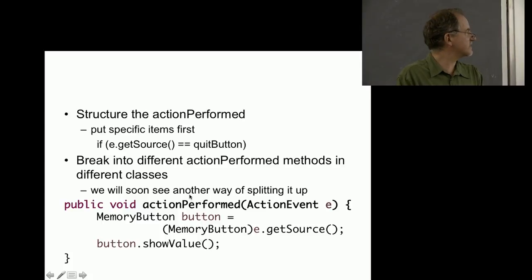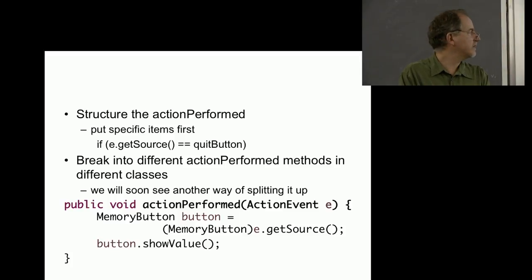So if you put specific stuff first, where you can get rid of these special cases and check that, then eventually you get to the point where it's not a quit button, it's not a hint button, it's not something else, and then it's just a plain old memory button, and you can pretty safely cast it at that point. You can also use that isInstance kind of call to check what kind of thing this really is. So you can also ask it, are you a memory button or not, before you do this cast.